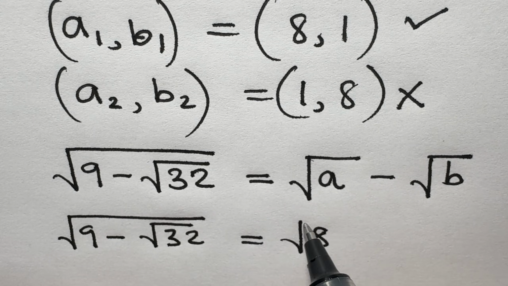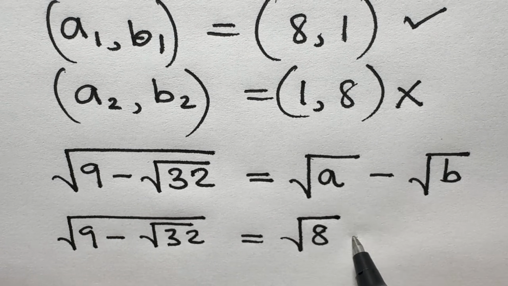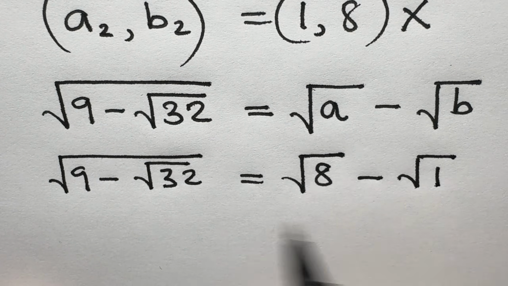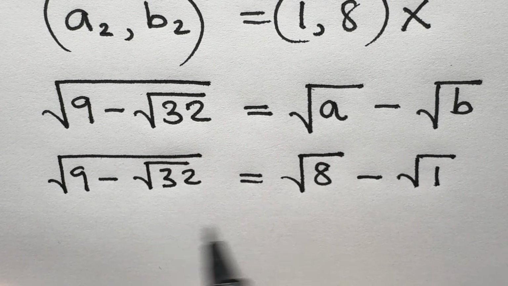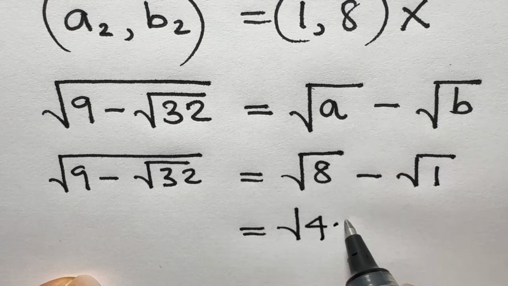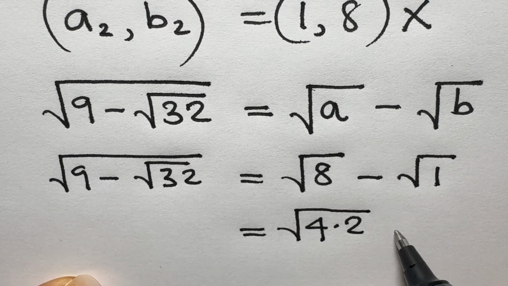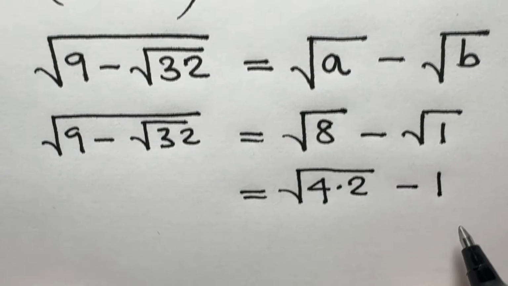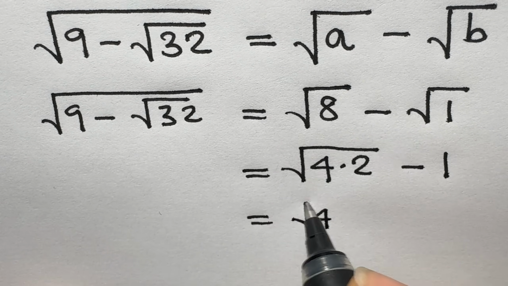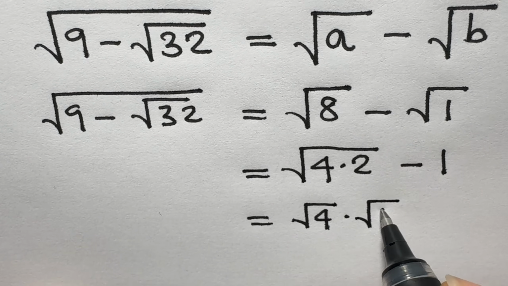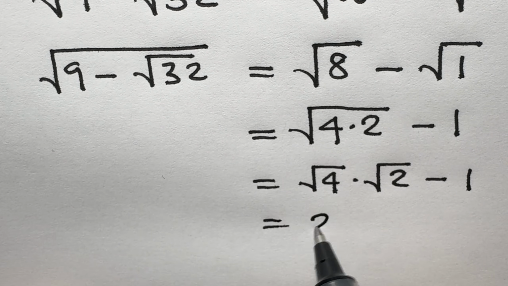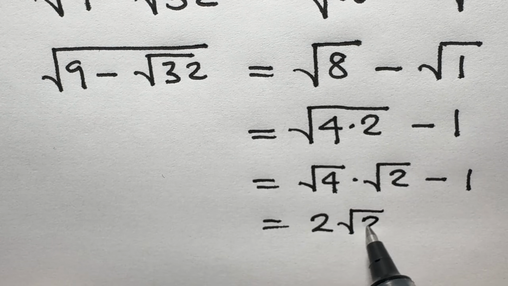So to proceed from here, we have square root of 8 minus square root of 1. Square root of 1 is still 1. So the square root of 8 is something as saying 4 times 2, then minus 1, which is equal to square root of 4 times square root of 2, then minus 1, which will now give us 2 times root 2 minus 1.